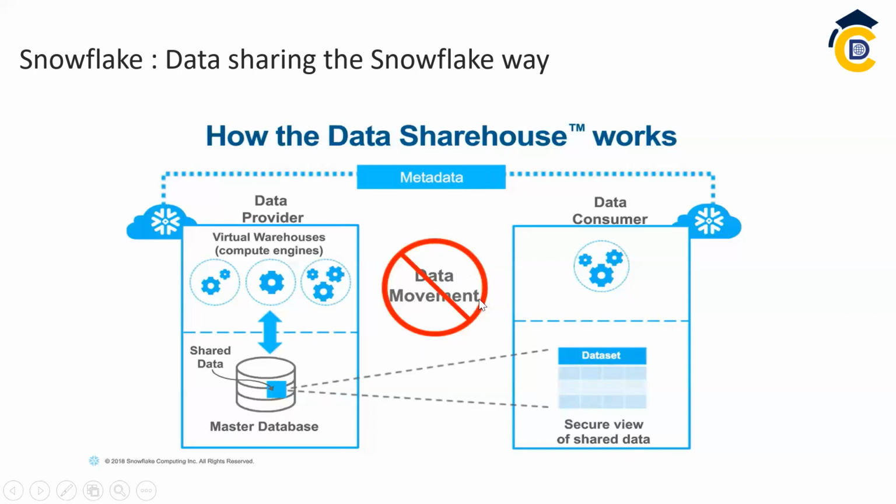All that internal data pipeline processing is removed completely. It's only the metadata information through which the data provider can share a particular data set, whatever the consumer needs, without moving a single data set from here to here.